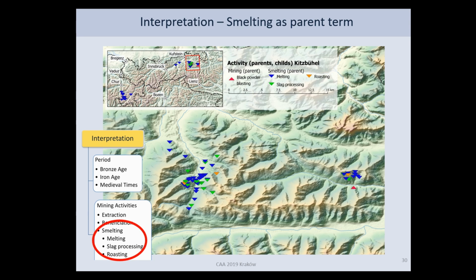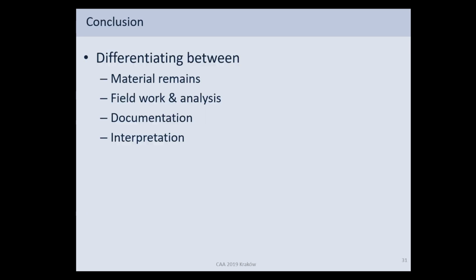For example, show me all the smelting activities, even though they are slag processing or roasting. This is not a string comparison; I really access the thesaurus on an upper level and ask it to give me back all the assignments which were on a lower level. This gives lots of capabilities and possibilities to query my data, my knowledge graph.